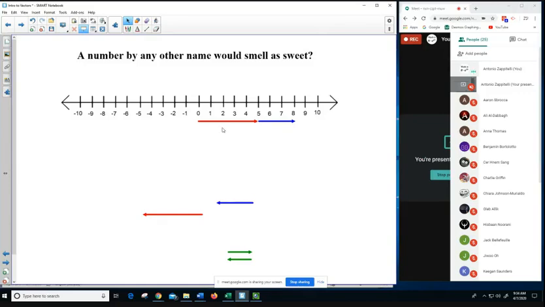The resulting vector, the vector that starts at the tail of the first and ends at the tip of the second, gives us the vector 8, which is what we expect when we add 5 and 3.